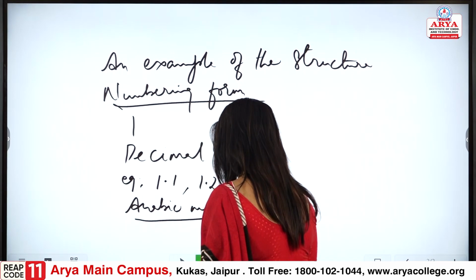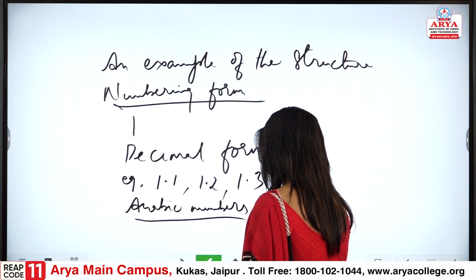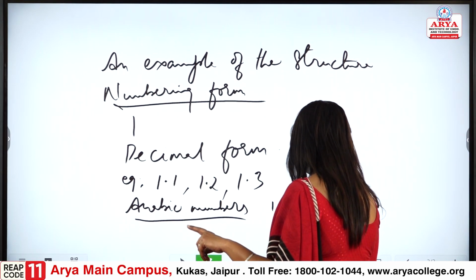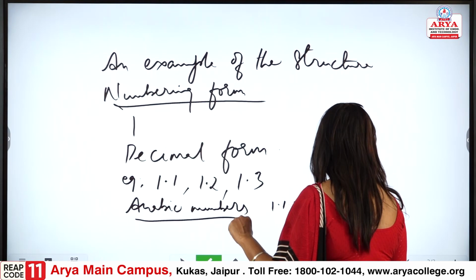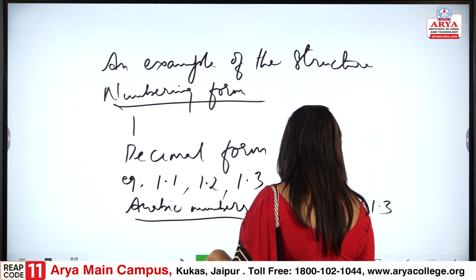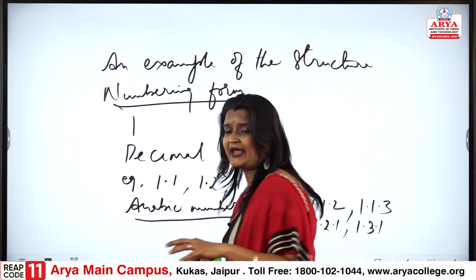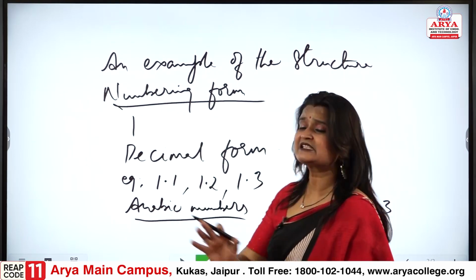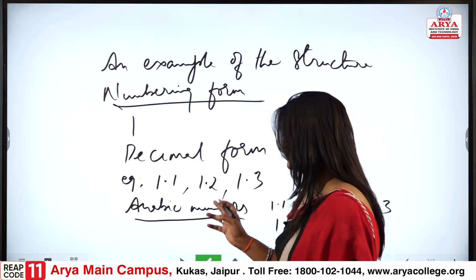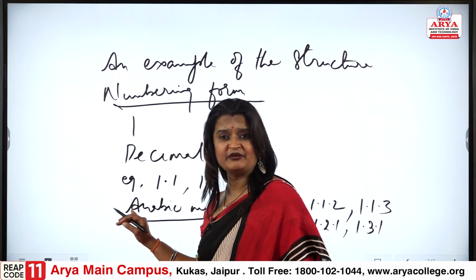For example 1.1, and within that 1.1.1, 1.1.2, 1.1.3, or it could go 1.1.1, 1.2.1, 1.3.1, and so on. This is the Arabic style of numbering. Sometimes this is used during report writing, so the decimal form can be used and the Arabic form can be used.